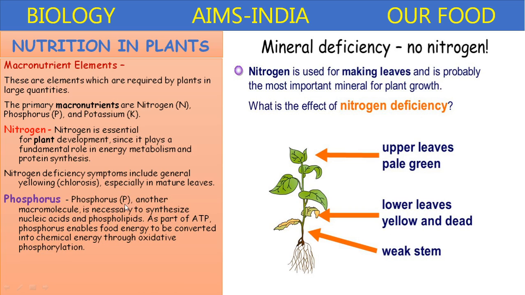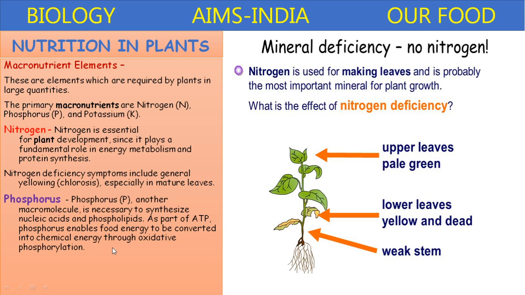Phosphorus. Phosphorus is another macro element. It is necessary to synthesize nucleic acids and phospholipids. It is a part of ATP, adenosine triphosphate. Phosphorus enables food energy to be converted into chemical energy through oxidative phosphorylation. Oxidative phosphorylation means the conversion of adenosine diphosphate, ADP, to ATP by adding a phosphate in the presence of oxygen.